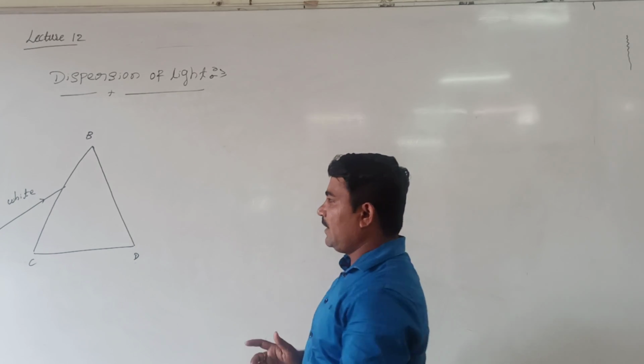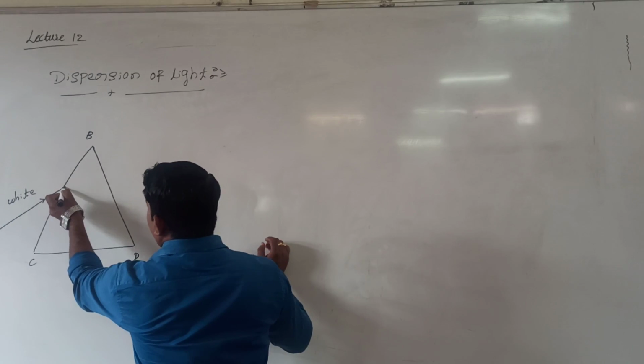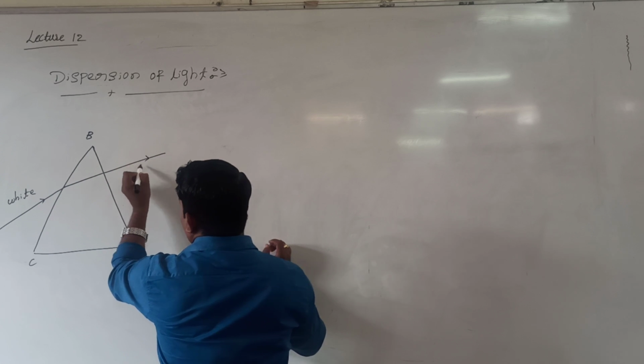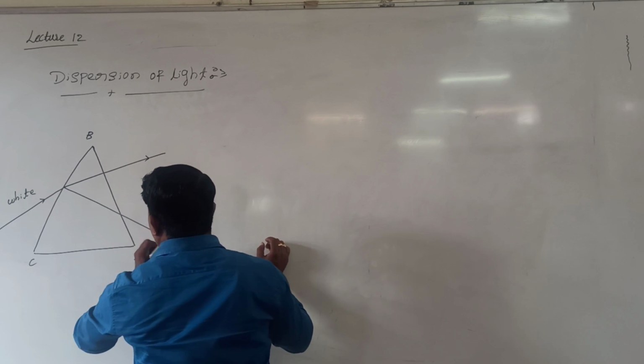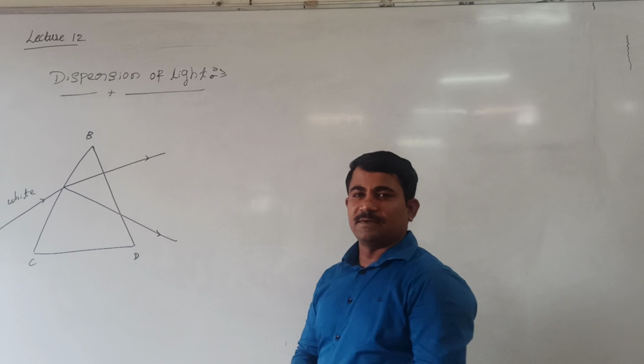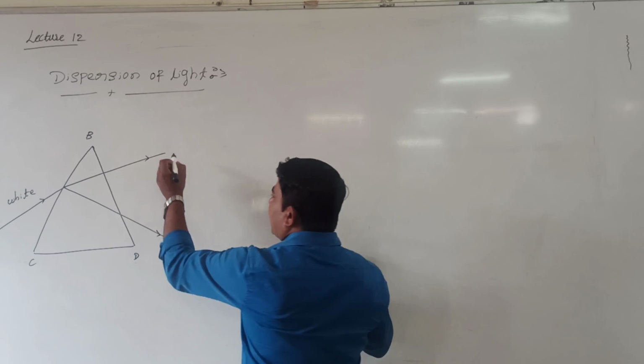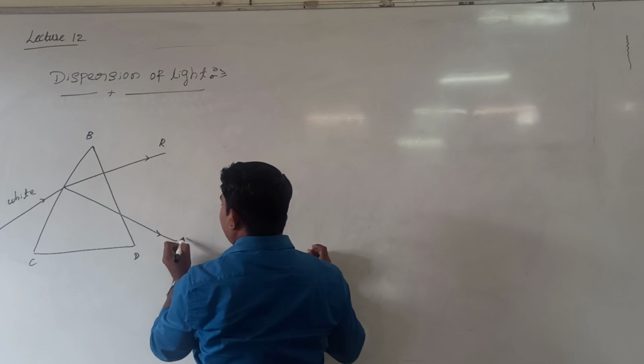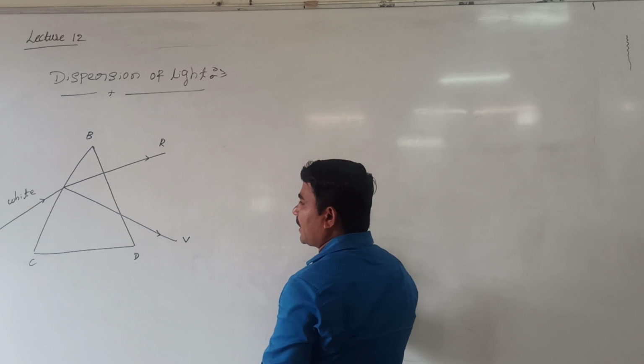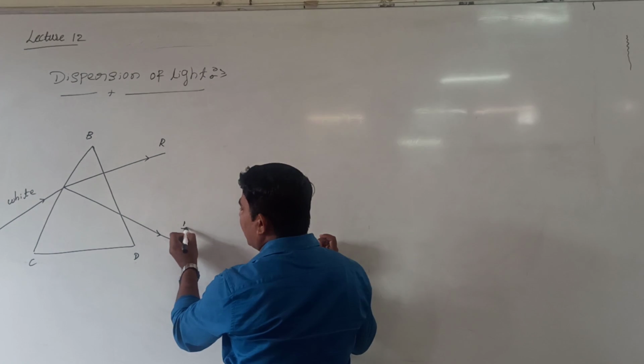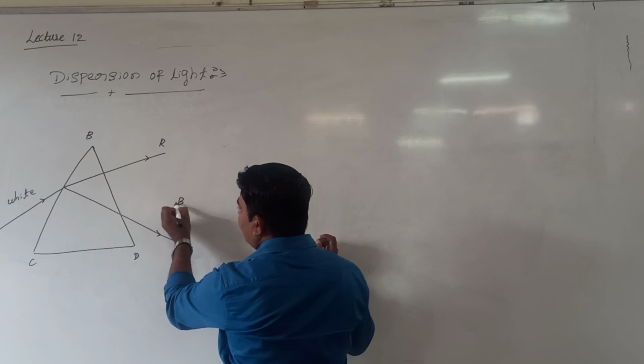This light I can call red light and this light I can call violet light. In between red and violet, so many types of colors are available.